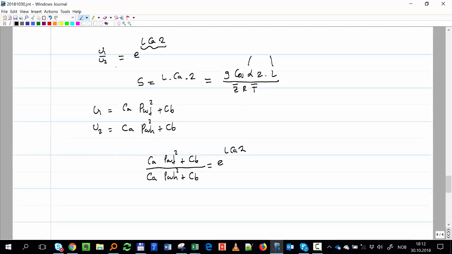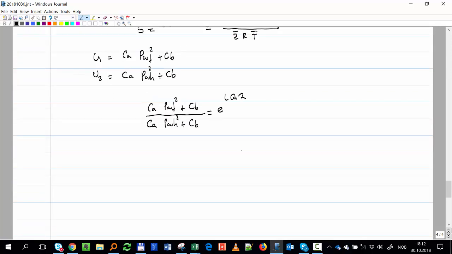Okay, then I can rearrange that equation. Okay, and then I can further rearrange.